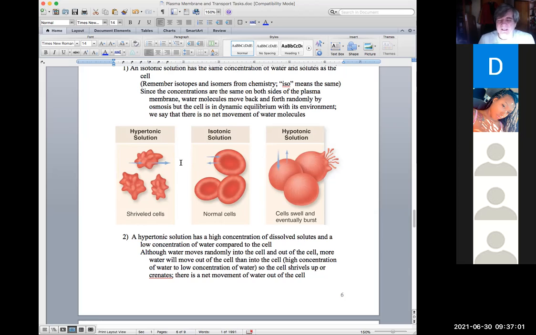We would like, when we treat you in most medical procedures, to give you something that's isotonic, so your cells don't shrivel up. But this shriveling up is what we see, for instance, if you drink salt water.